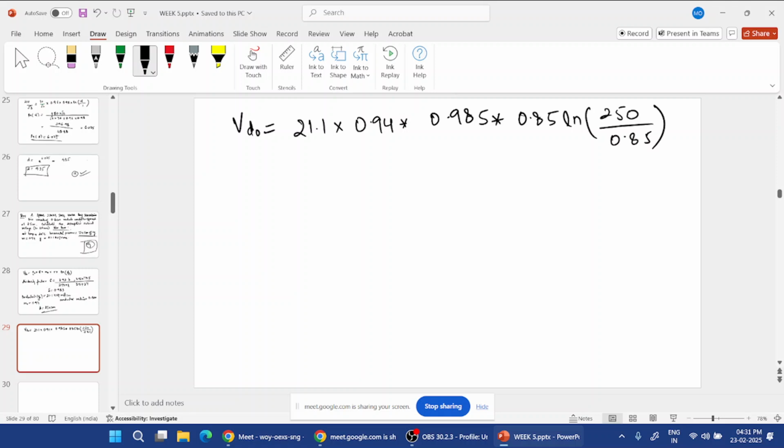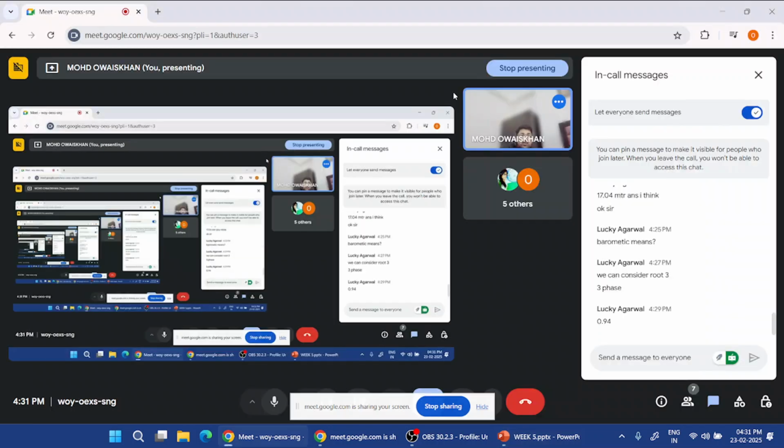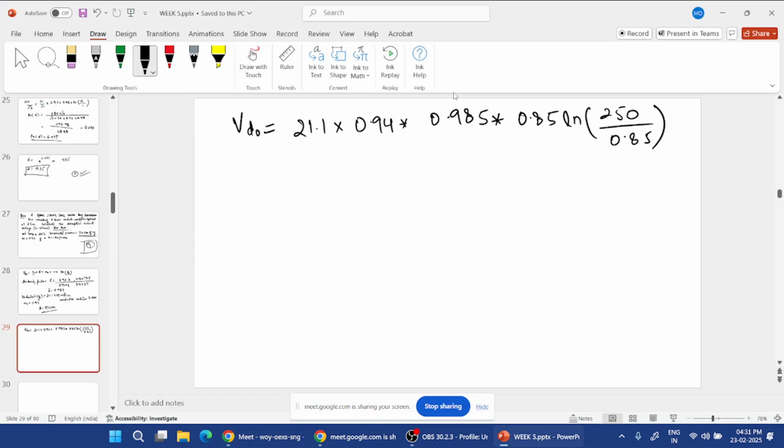Now calculate this and give me the value. What is the value of this? I am waiting for your values.